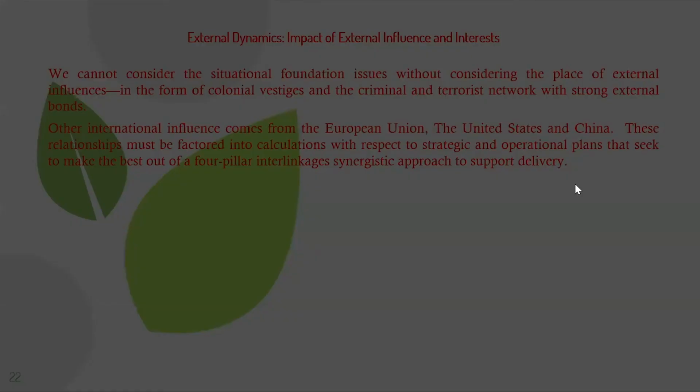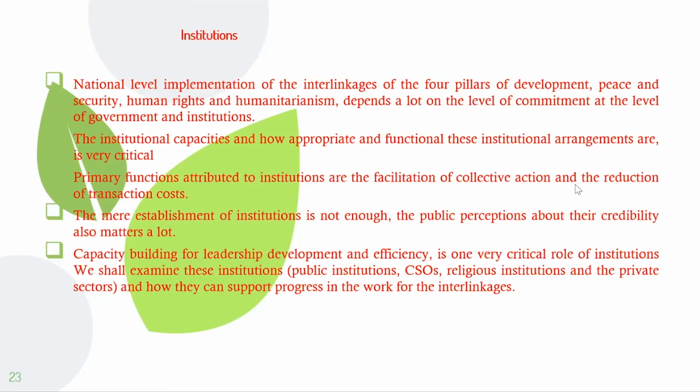Institutions. National level implementation of the interlinkages of the four pillars of development, peace and security, human rights, and humanitarianism depends a lot on the level of commitment at the level of government and its institutions. The institutional capacities and how appropriate and functional these institutional arrangements are is very critical.